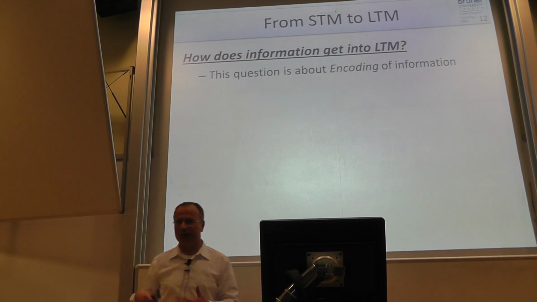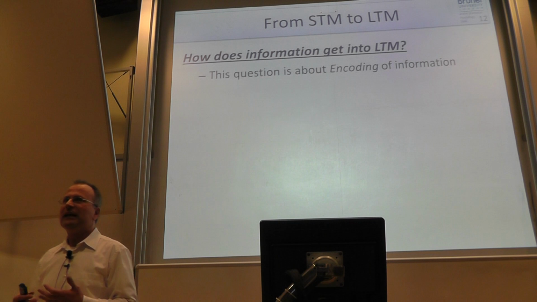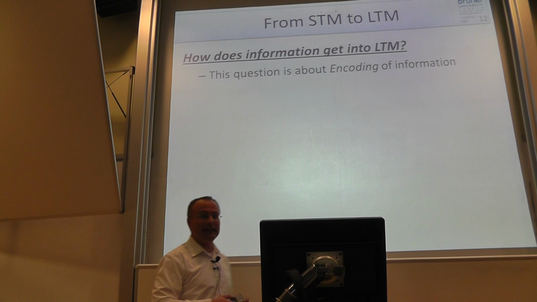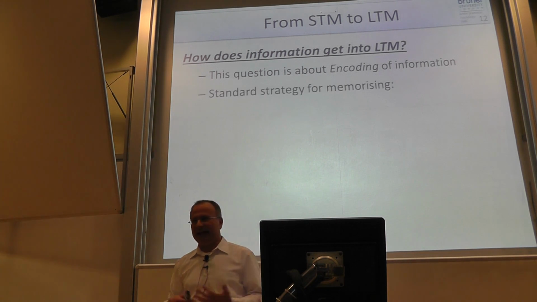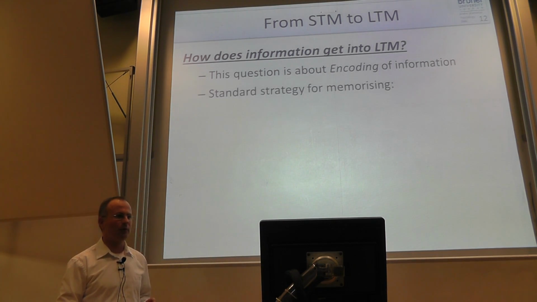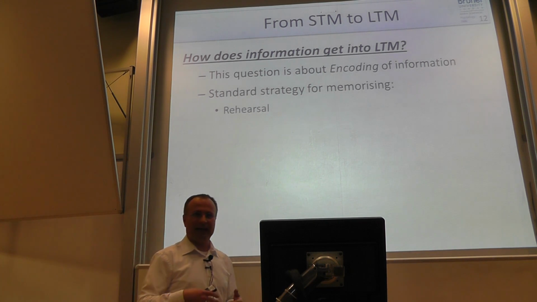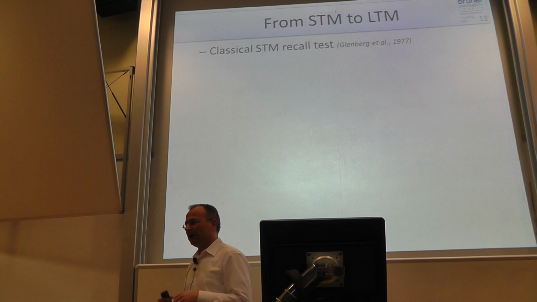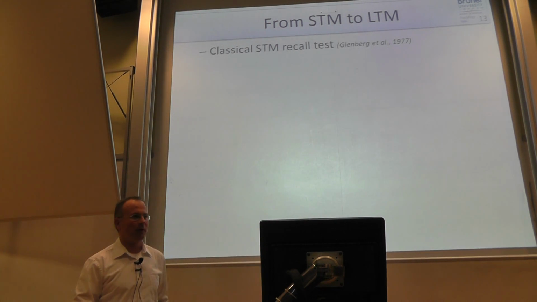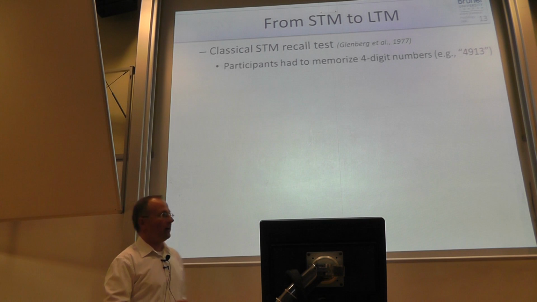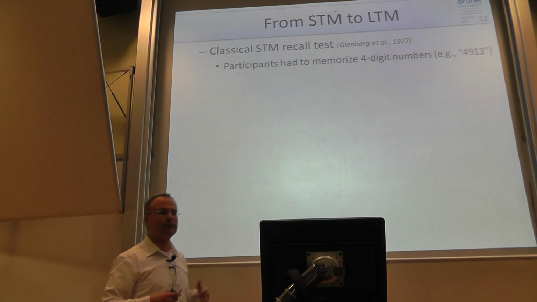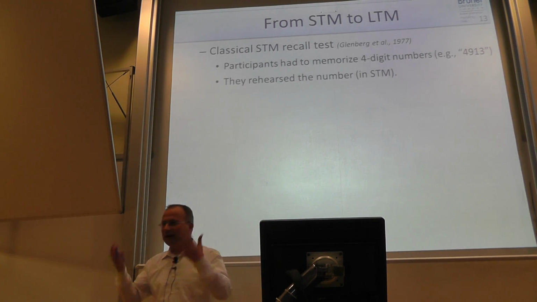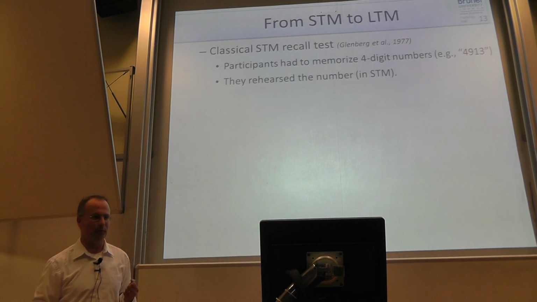Now this question which we just dealt with is basically about, can you please be quiet now? Okay, thank you. So, it's about the encoding of information. And as we have seen, the standard strategy for memorizing is rehearsal, as you may have experienced from school or something like that. However, if you do a classical short-term memory recall test, where you had to memorize 4-digit numbers, like 493, and they rehearsed the number in their short-term memory.